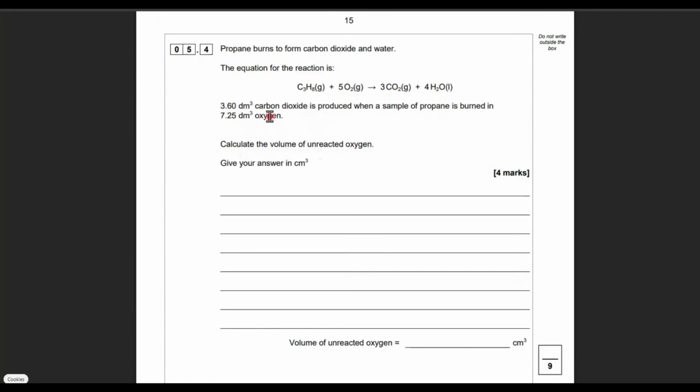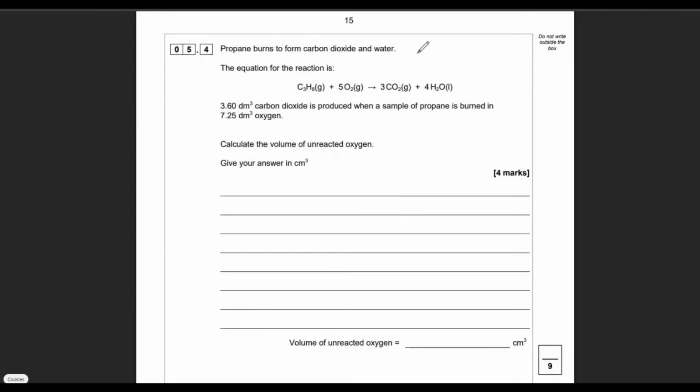I'll be honest with you, they missed something out that is vital in this question. That was a big mistake by the exam board. For technicality's sake, they should have said at room temperature and pressure, because at room temperature and pressure, the volumes of gases are equivalent to the moles. So essentially, at room temperature and pressure, 1 mole of any gas is equal to 24 decimeters cubed.